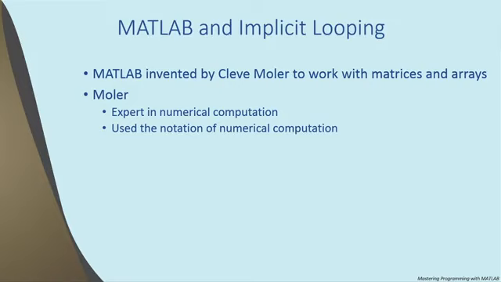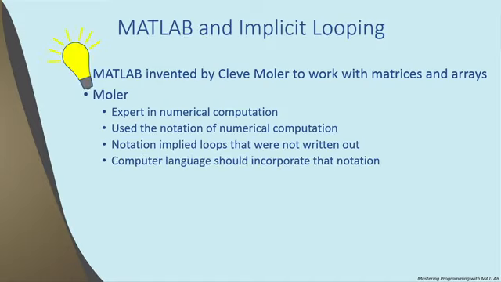The notation of numerical computing included operations like matrix multiplication and matrix transposition, each symbolized by a single operator, with all the looping and indexing required to carry out those operations implied but not written out on the page. Moler's decision some 40 years ago to incorporate those operators directly in MATLAB forced him to incorporate the same implicit looping in the language itself, and it has had a huge impact on numerical programming.